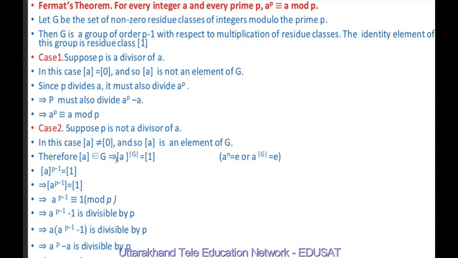Therefore, residue class of a raised to power order of G is equal to residue class of 1, because this is the identity element.